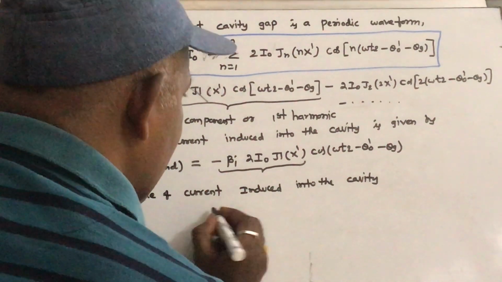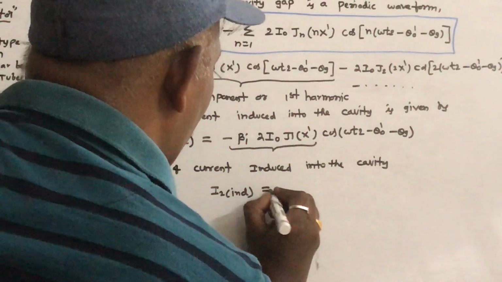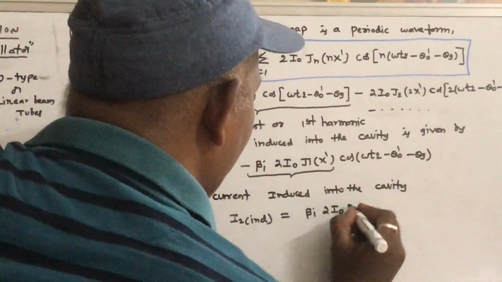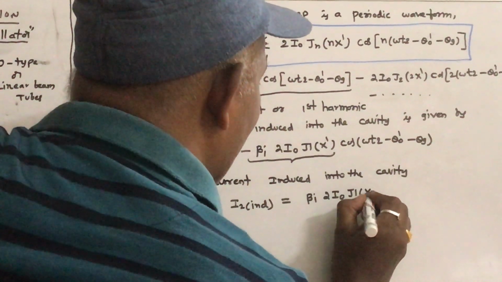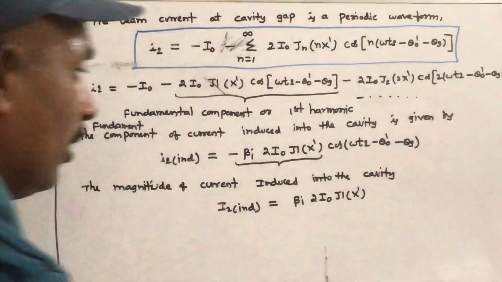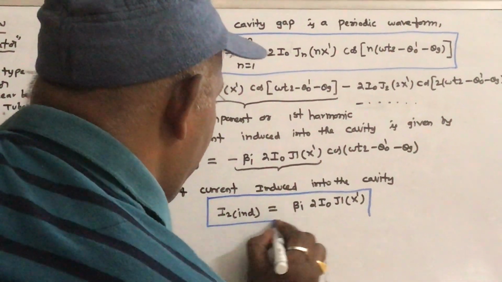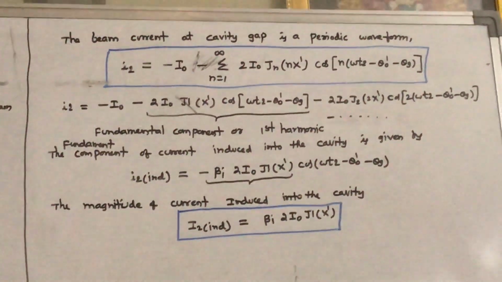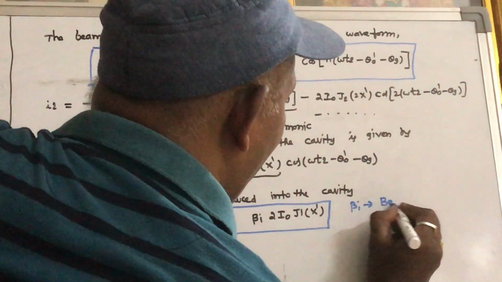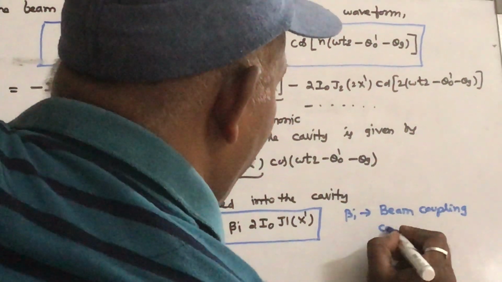So it is written as I2 induced equals beta i into 2I0 into J1 of x dash. We use this relation several times in the derivation, so remember this equation for I2 induced. So what is beta i? Beta i is the beam coupling coefficient of the cavity.